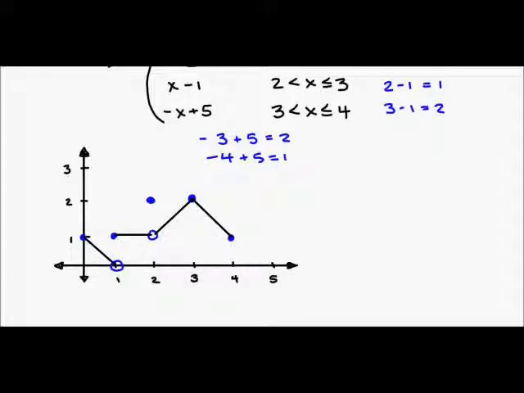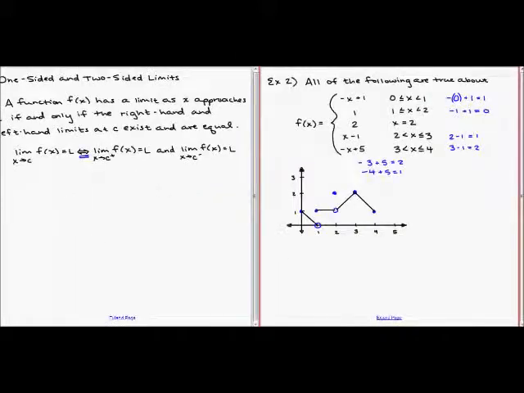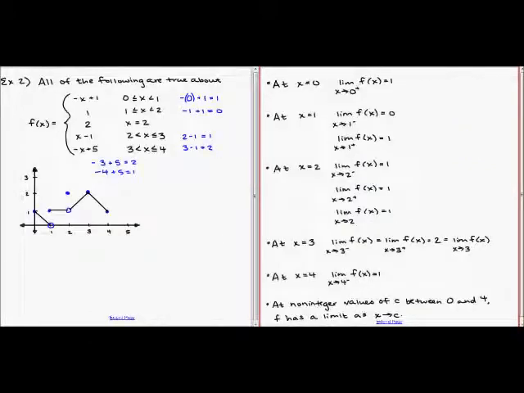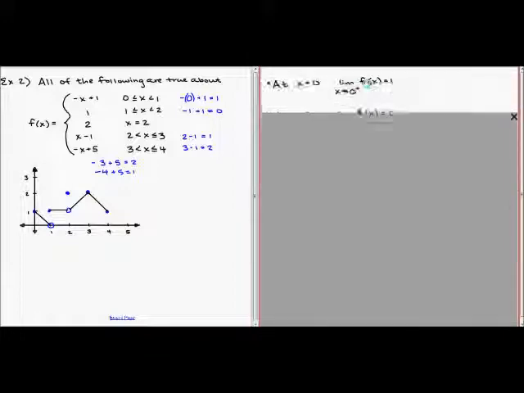And let's look at the next page at the same time. Okay, so this says at x equals 0, the right-hand limit of f of x equals 1. And you can see that you can only have a right-hand limit because there's nothing on the left side.